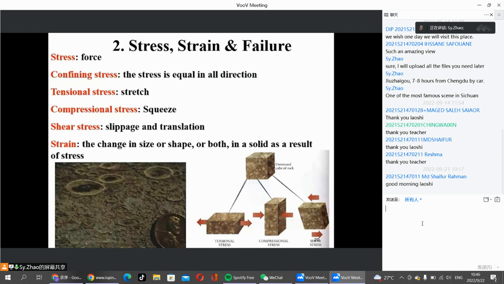So next we need to study the deformation and the displacement of the rocks. I believe you are very familiar with these terms. You have a very good mechanical foundation. Here I will not talk about them in detail, just briefly read them.